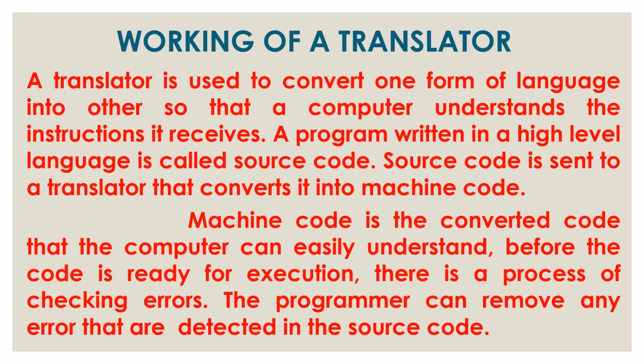Machine code is the converted code that the computer can easily understand. Before the code is ready for execution, there is a process of checking errors. The programmers can remove any errors that are detected in the source code.